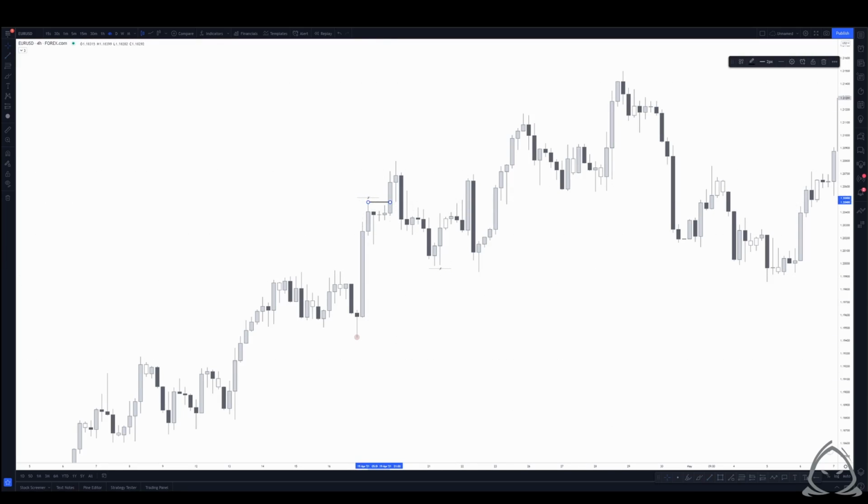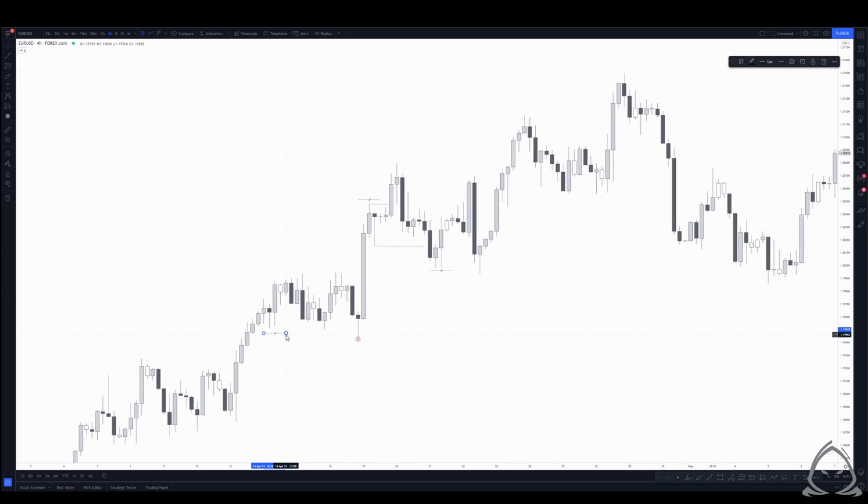So what I'll do is I'm just going to draw on all of the lines just so that it's super clear. So yes, we do get a change of character. Put that one up as well. So we have our liquidity, we have our previous high that we break, get that change of character, and we move to the upside. Here, liquidity, change of character. We fail to take out this low.